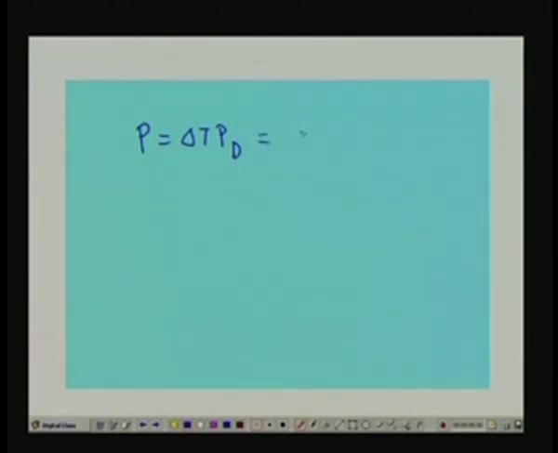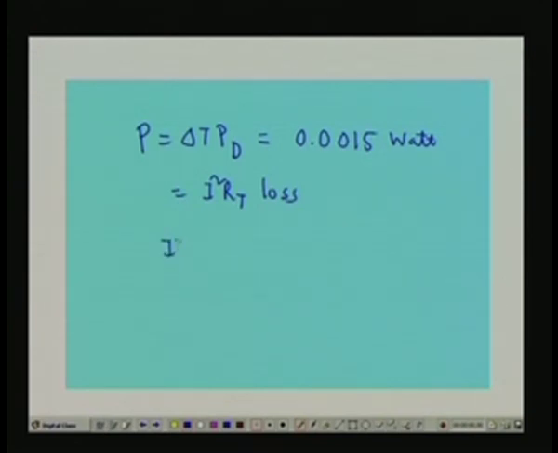So, this will be equal to quite obviously 0.0015 watt, right, which is equal to I square RT loss. So, I can equate this.